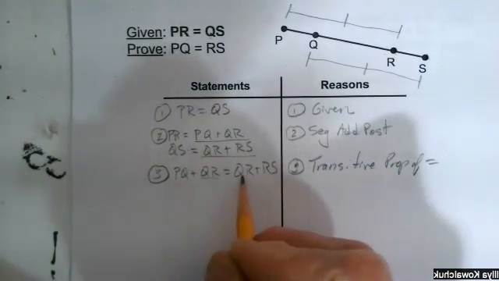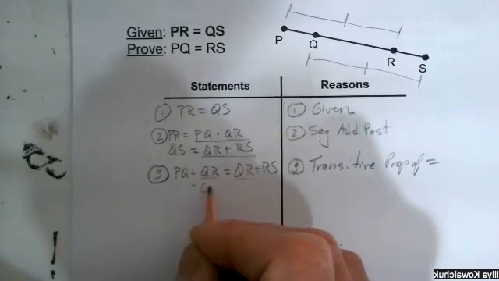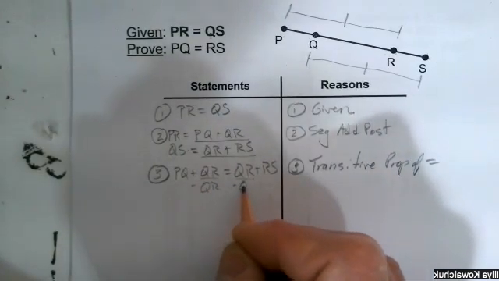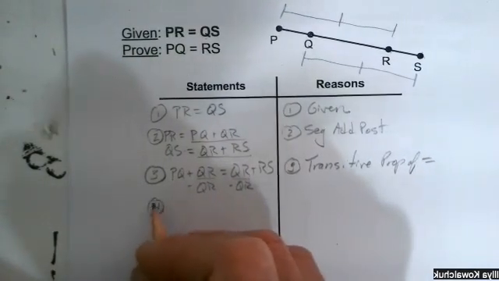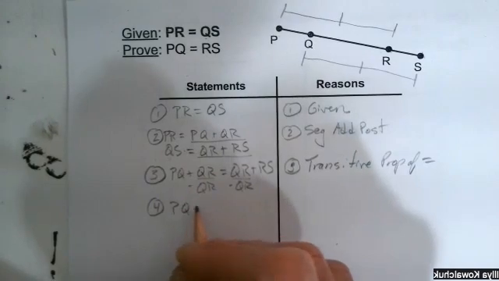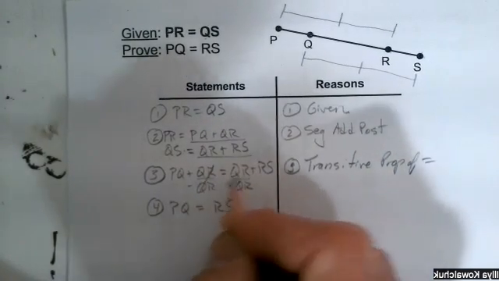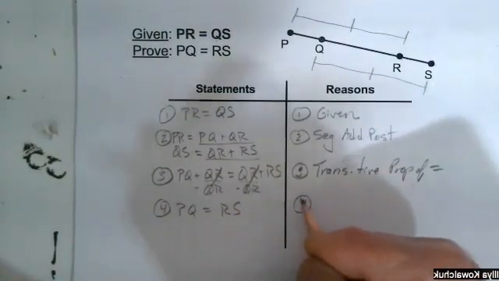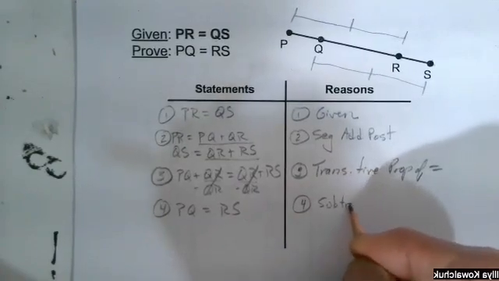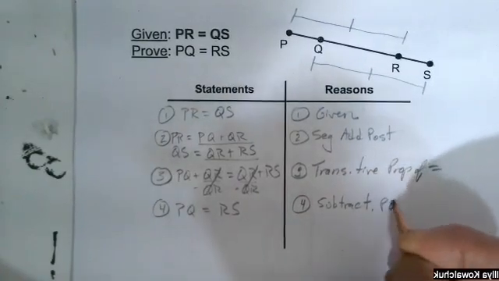Now I have QR in both pieces. I can subtract QR from both sides. Step 4, PQ equals RS because this and that cancel out. And that's my subtraction property of equality.